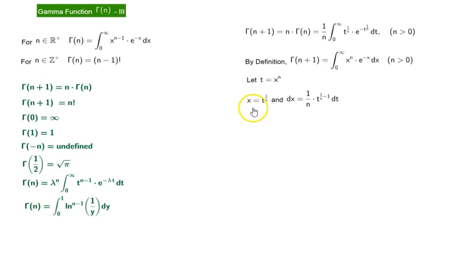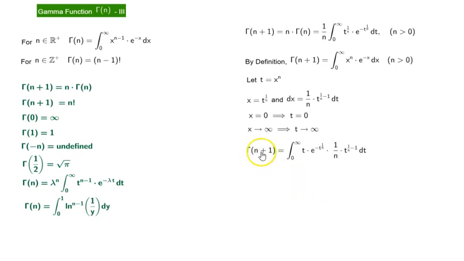And differentiating it, we get dx is equal to 1 by n times t to the power of 1 by n minus 1 dt. So here we are differentiating x with respect to t. Again, changing the limits: when x equal to 0, t is equal to 0. When x goes to infinity, t goes to infinity.